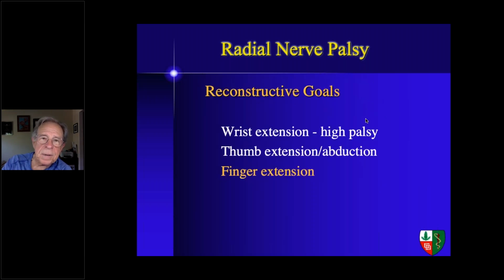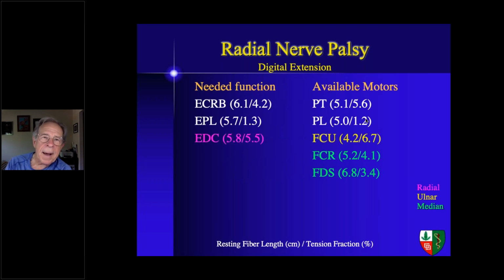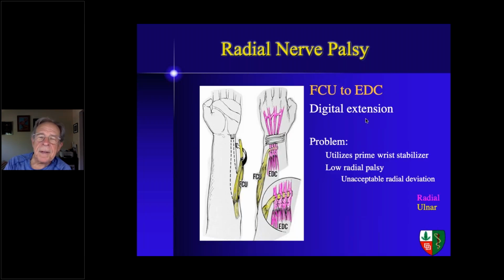For finger extension, again, we fall back on Brand and we look at the numbers, and we see that we have a number of possible transfers, available motors, FCU, FCR, the FDS. Which ones do we choose? I think the earliest was the flexor carpi ulnaris to the common digital extensors to restore digital extension.